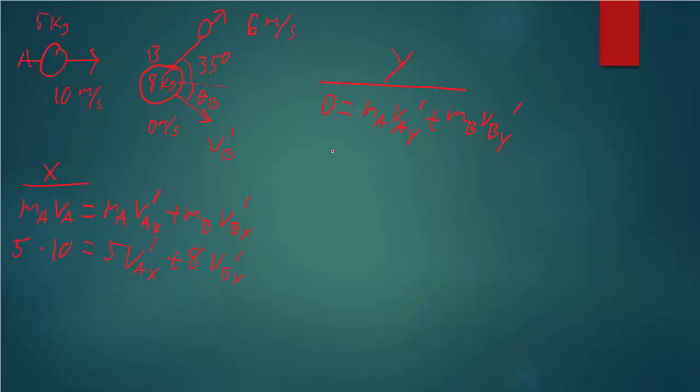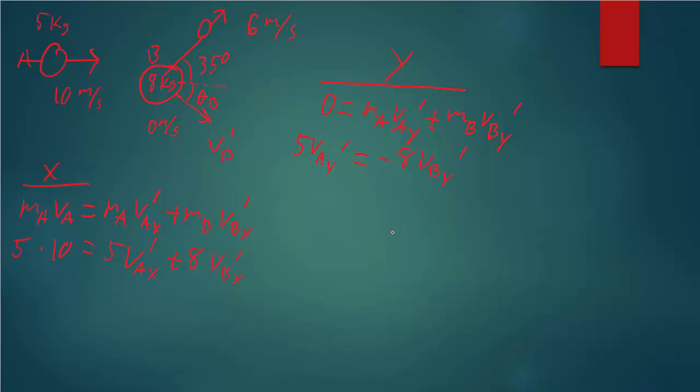Okay, over here, if I move this to the other side, I'm going to have the mass of A, which is 5, times VAY prime equals negative 8 times VBY prime.